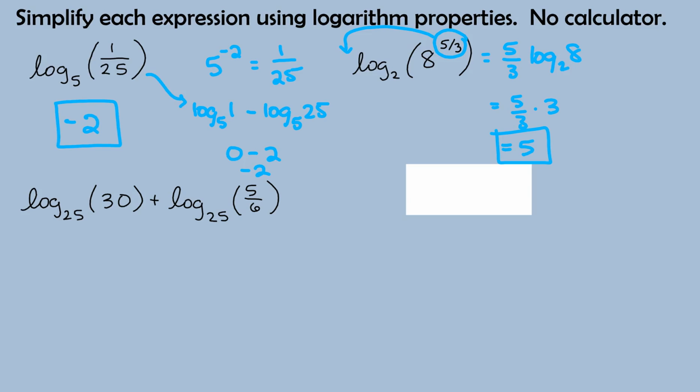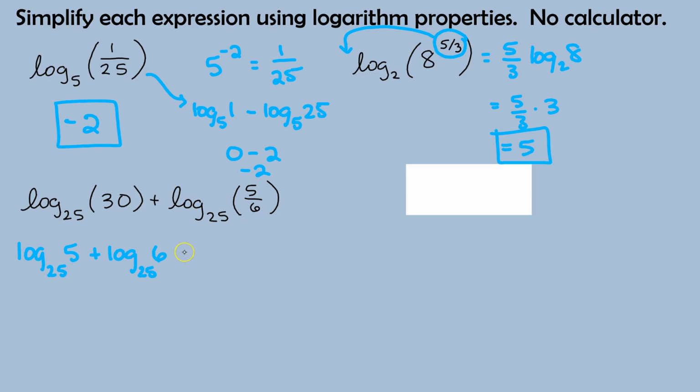Okay, here comes a sum of two logarithms. Let's see, what can we do here? Well, 30 is a product of 5 times 6, so we could think of this as log base 25 of 5 plus log base 25 of 6, using that log property that says you break up the product into a log plus a log.